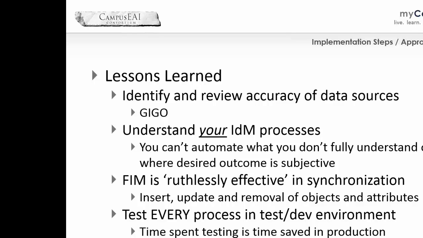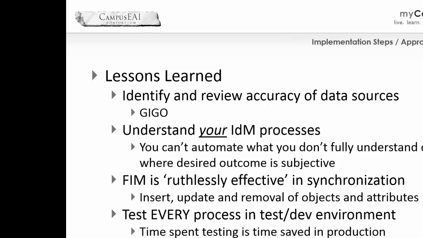Understand your identity management processes. Again, don't automate a process that you don't understand, and don't necessarily automate exactly how you're doing it now. If you're doing a manual process, there may be a better, more efficient way.